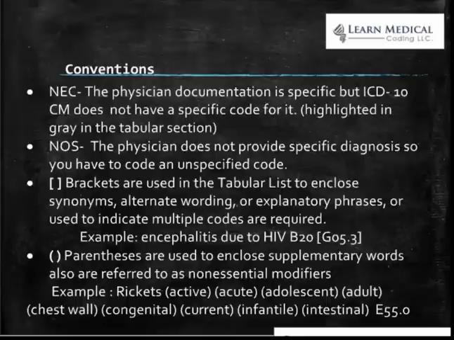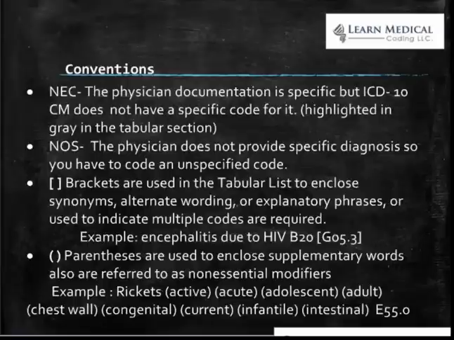Sometimes physicians aren't specific just because they don't document information because of bad documentation. Or it could be that the physician is working up a definitive diagnosis but does not have one available yet because maybe the patient is new, and the physician's trying to find out what's going on with the patient. For instance, the patient comes in and has a tumor in the breast. The physician may not know whether it's cancerous or not.